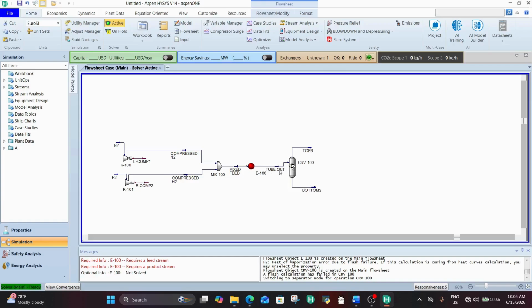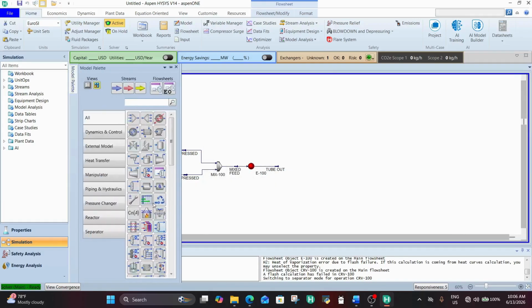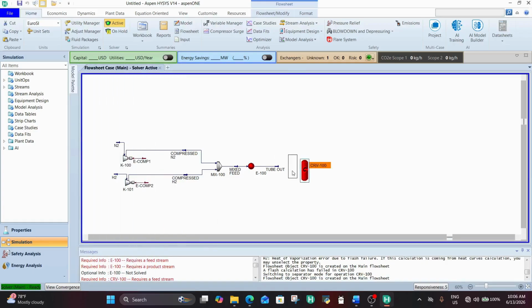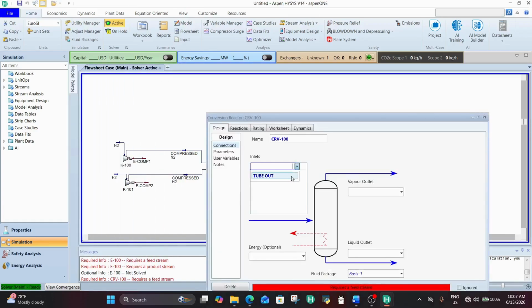Well, Aspen HYSYS, we might need to carry out that process again. Let's just drop a new reactor. Conversion reactor. Where are you? Tubing. Tops.